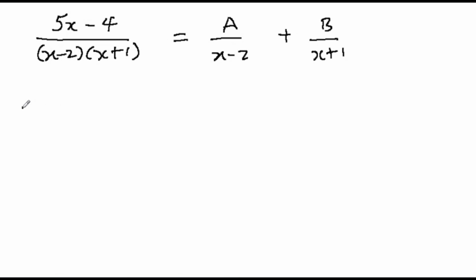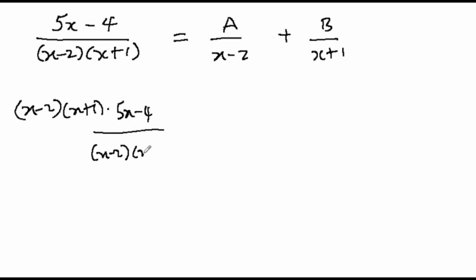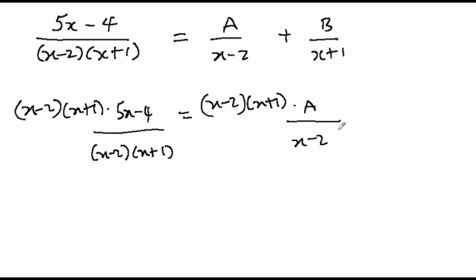So let's have it, x minus 2 bracket x plus 1 multiplied by 5x minus 4 divided by x minus 2, x plus 1, is equal to x minus 2, x plus 1 multiplied by A divided by x minus 2, plus x minus 2, x plus 1 multiplied by B divided by x plus 1.